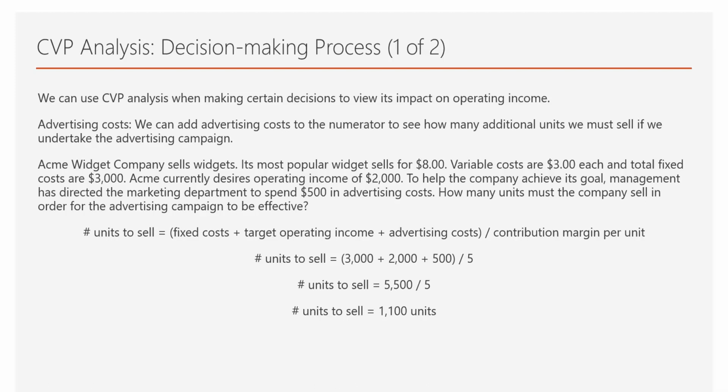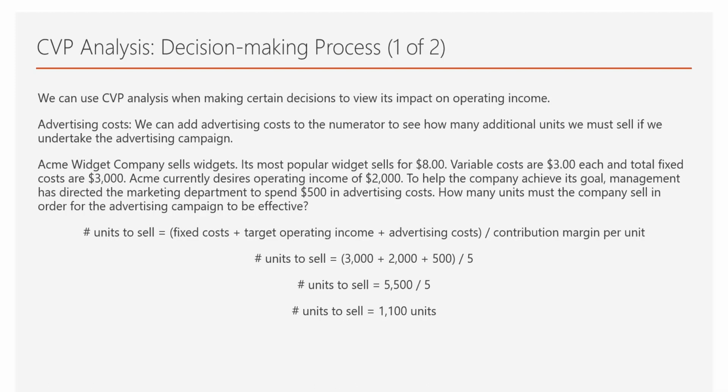In this case, we have to add in the advertising costs to our fixed costs and target operating income, because we've got to account for that to see how many units we have to sell just to cover the additional costs of the advertising campaign, and then we can determine what we need to sell.